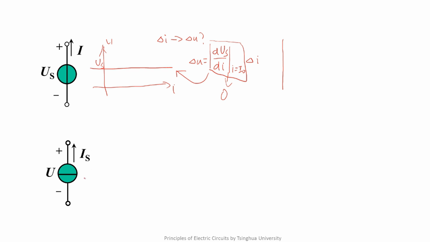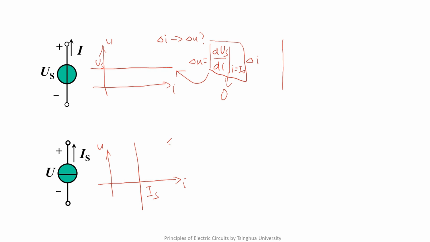A relevant component is the ideal independent current source. We draw its UI feature here. Similarly, because it's a current source, it's impossible to produce a small current signal.